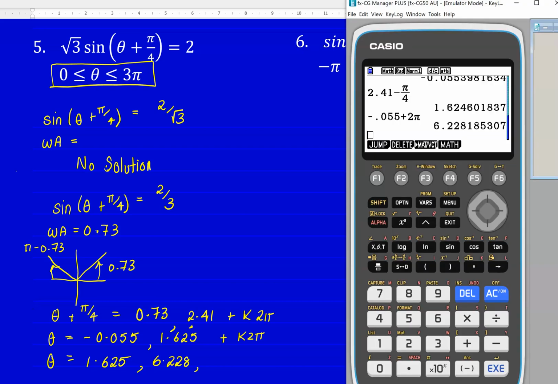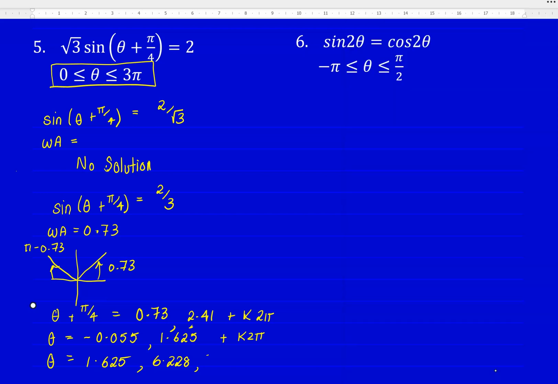Okay, and then what are we going up to? 3 lots of pi. So what is 3 times pi? We don't want to go over that. Okay, so our next one was the 1.625 plus 2 lots of pi. Yep, that's still within our domain, so 7.908.